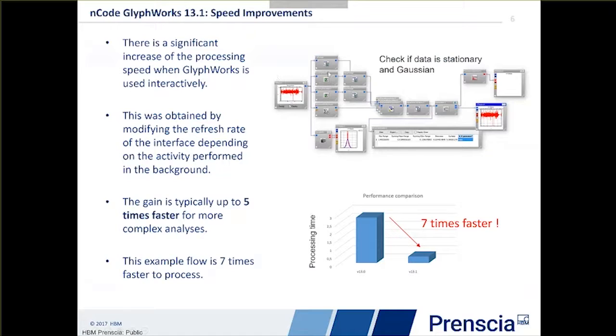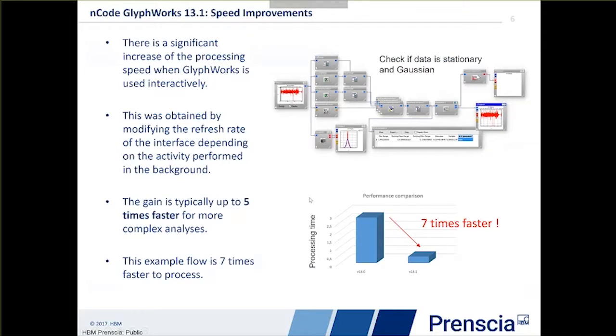We looked at how the interface was linked with what was going on in the background in terms of algorithms and processing, and we optimized all this. This enabled us to get tremendous gains, factors of 3, 4, 5, if not more in some cases.